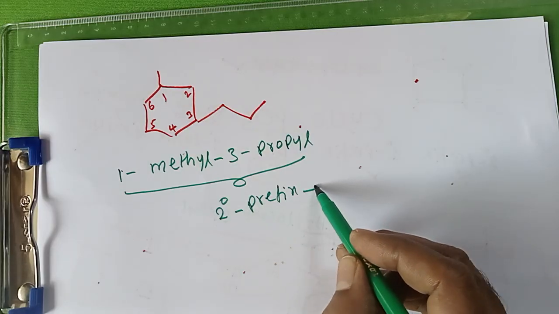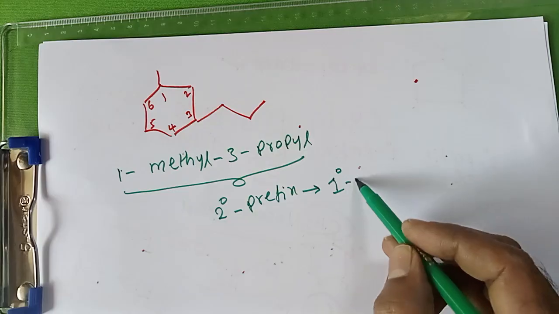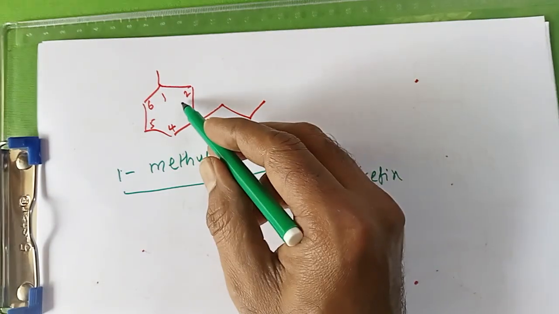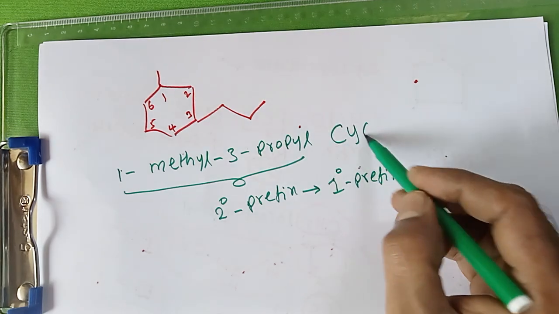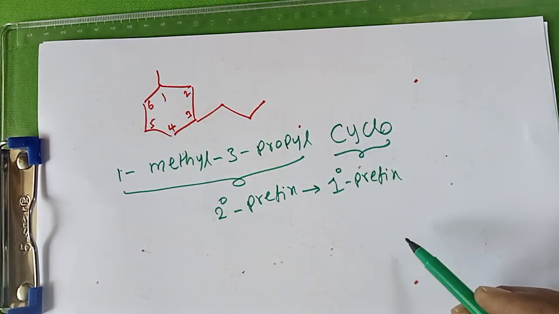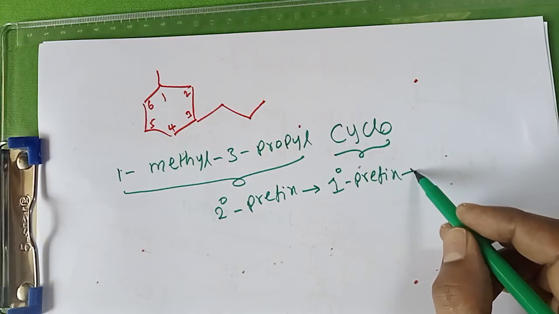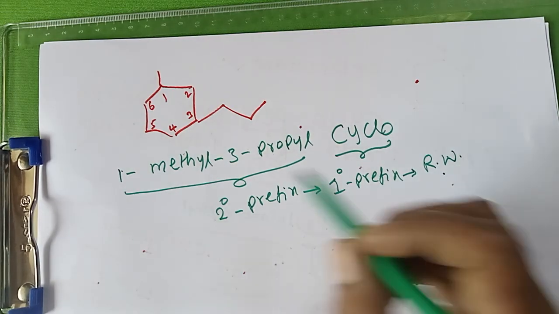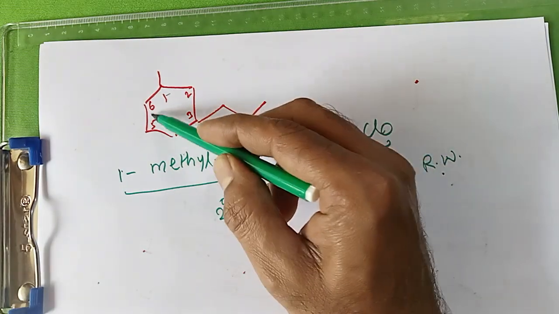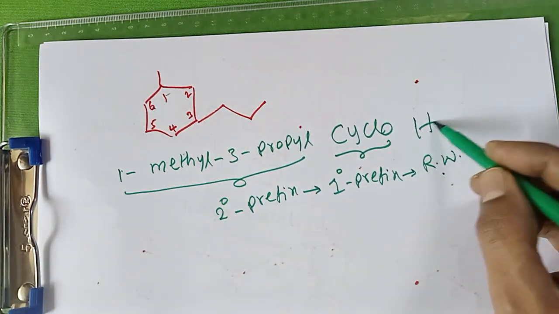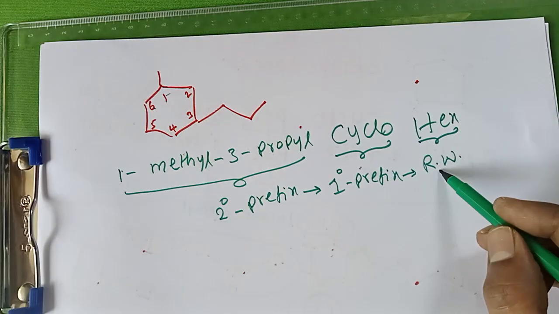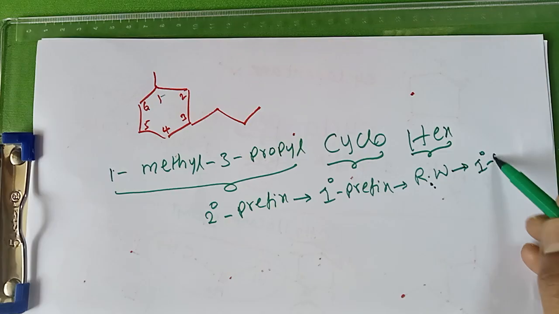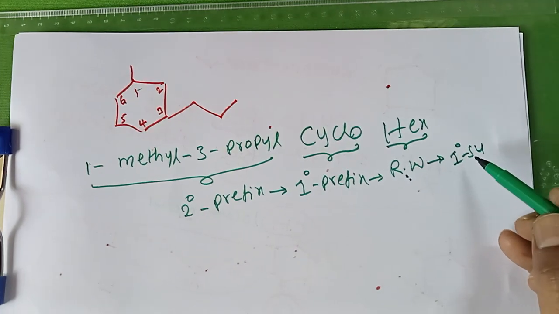Secondary prefix. Next, what is in the order? Primary prefix. What is the primary prefix? Cyclic compound, cyclo. So cyclo is the primary prefix. Next in the order is RW. RW means root word. In this parent chain, how many carbons are there? 6 carbons, root word is hex. Then the primary suffix.